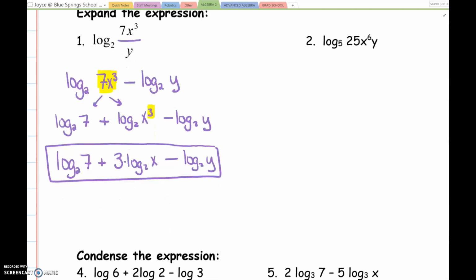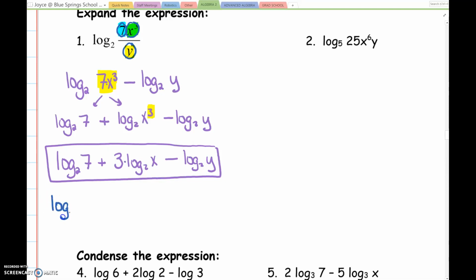Okay, here's my shortcut. When I look at this original logarithm, I look at how many things do I see inside the log. And remember that 7x to the third is not one thing, it's 2 things. It's 7, x to the third, and y. So I would take my first thing, my second thing, and my third thing, and we're going to split it up among 3 logs.